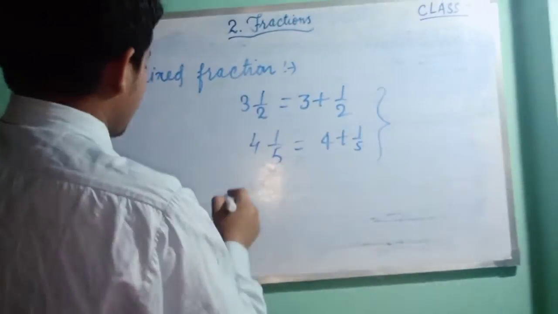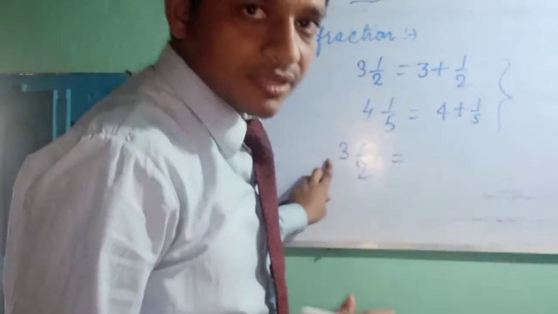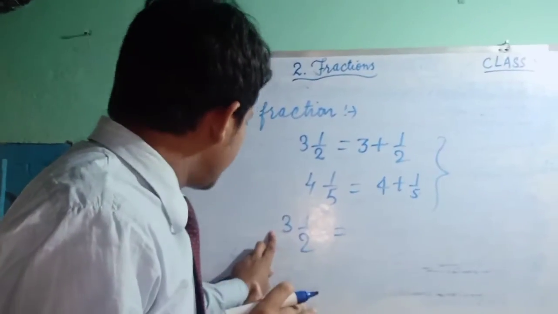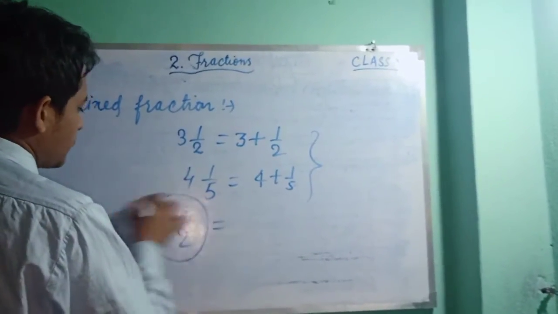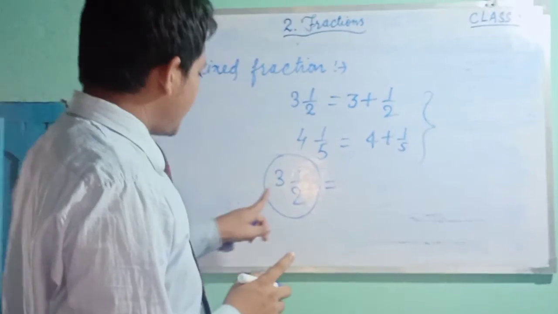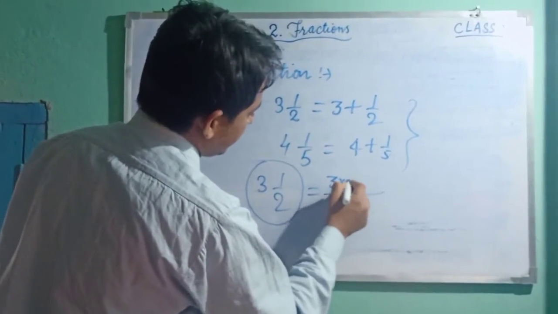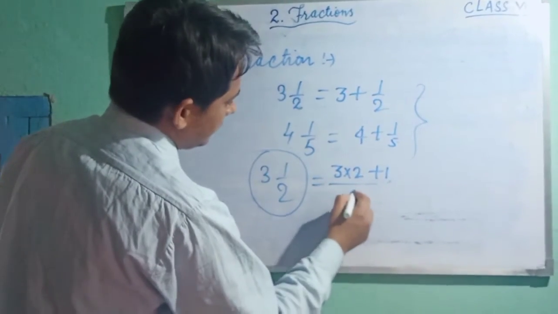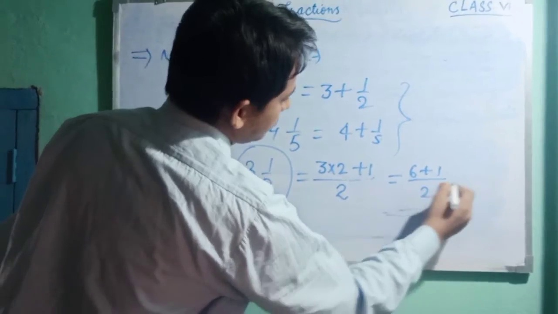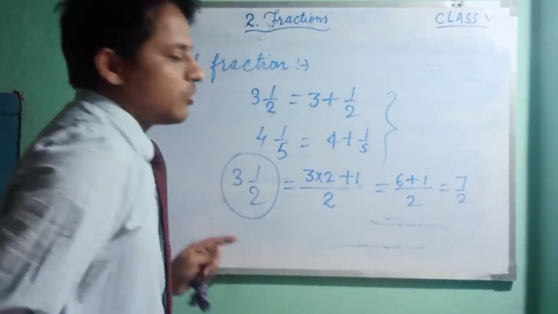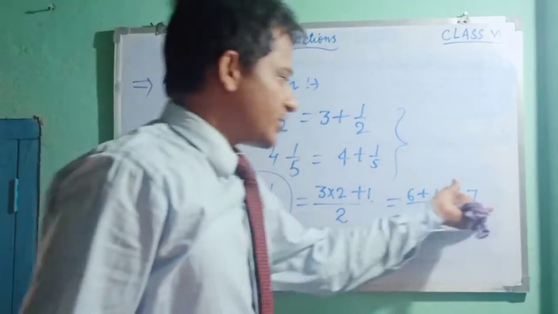Now here one thing is important: a mixed fraction gives us an improper fraction. Now how? Here 3 is multiplied by 2 and 1 is added, and 2 stays as it is. So this is 6 plus 1 by 2, this is 7 by 2. Now how can we convert a mixed fraction into an improper fraction?